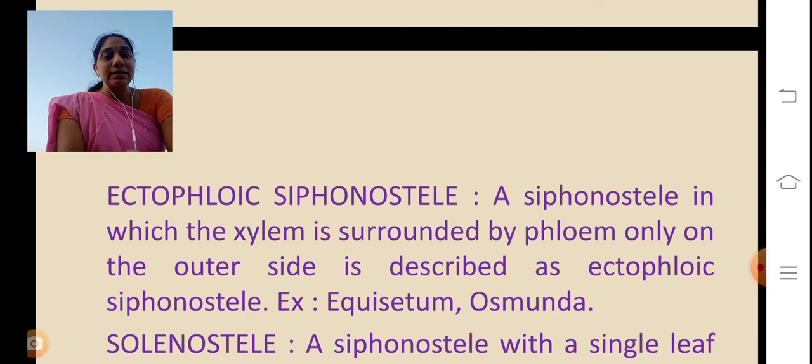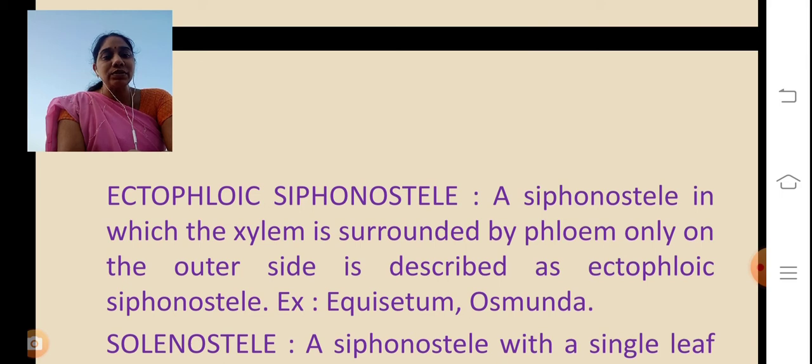In these plants, we can see this ectophloic siphonostele. So, in ectophloic siphonostele, phloem is present only on outer side of the xylem. So, in Equisetum stem, we can see this type of ectophloic siphonostele which is having pith at center.